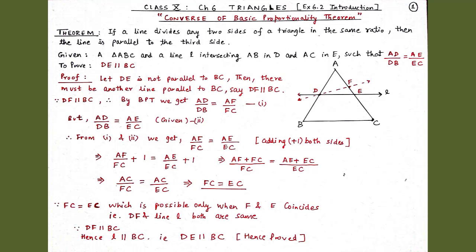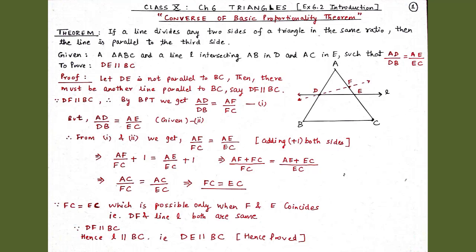And now when we add 1 on both sides, we get AF upon FC plus 1 is equal to AE upon EC plus 1. So from here, we get AF plus FC upon FC is equal to AE plus EC upon EC. According to our figure, AF plus FC is equal to AC and AE plus EC is also equal to AC. So students, from here, we get AC upon FC is equal to AC upon EC.